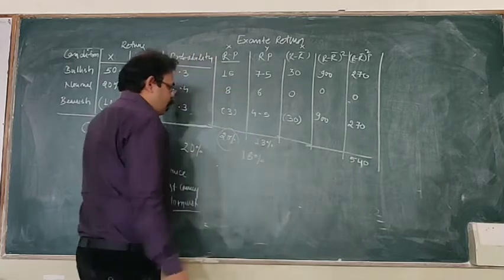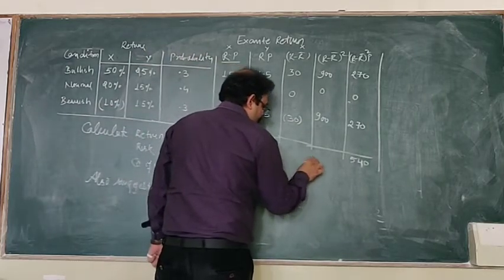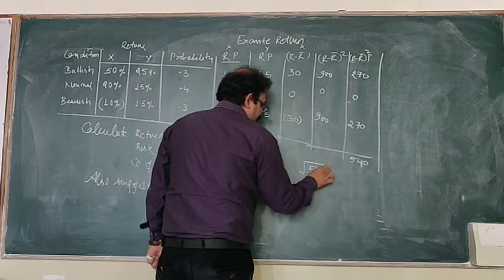Is it clear? Okay. Now take the under root of 540.